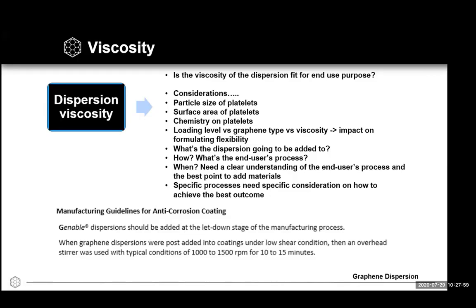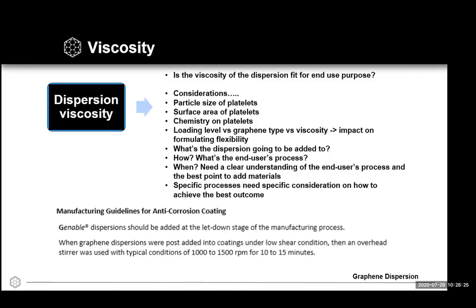The chemistry on the platelets, Terence talked to that in terms of oxygen content, for example, has a unique effect on dispersibility, and that in turn has an effect on viscosity as well. Loading levels clearly again have a critical effect on viscosity, and a knock-on effect on formulating flexibility.